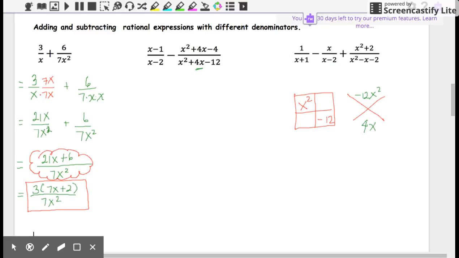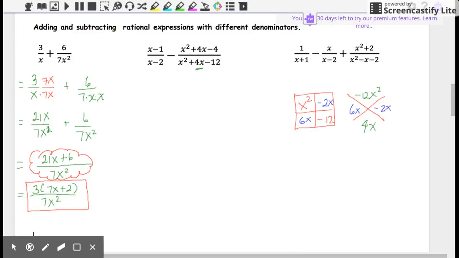Now we think of what we multiply to get negative 12x squared and add up to 4x. That's going to be 6x times negative 2x. 6x times negative 2x gives us negative 12x squared, and 6x plus negative 2x gives us 4x. So these are the missing numbers, and we put them in the box.